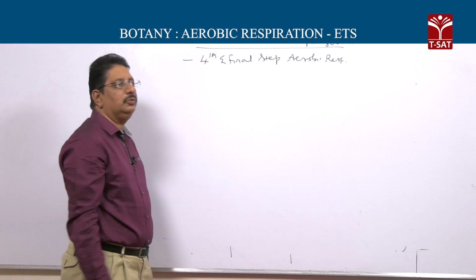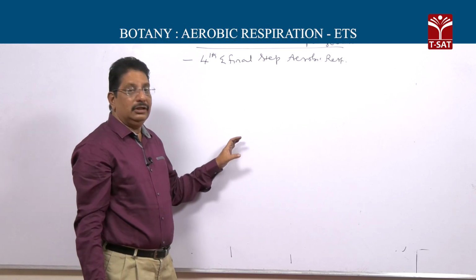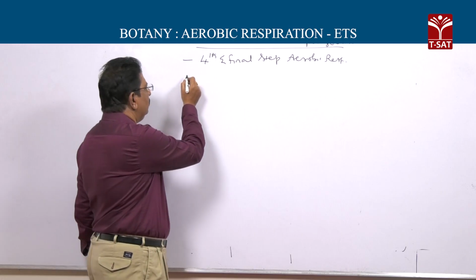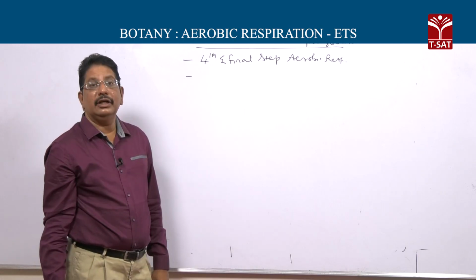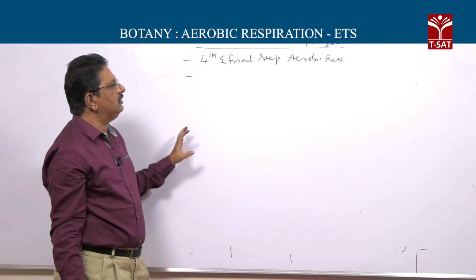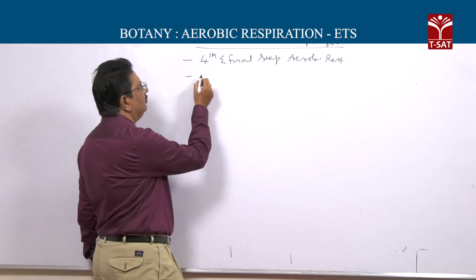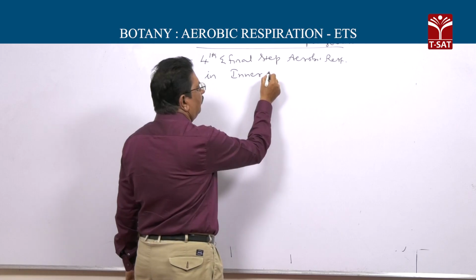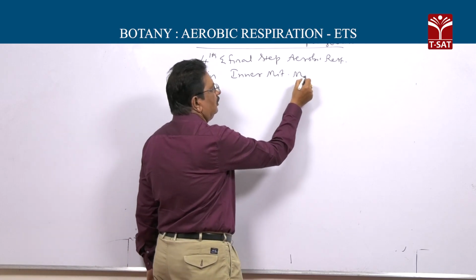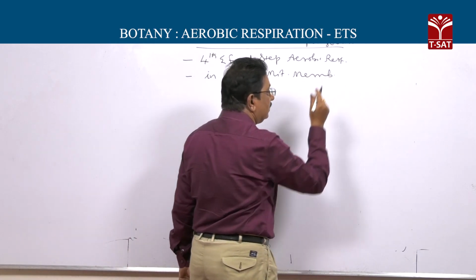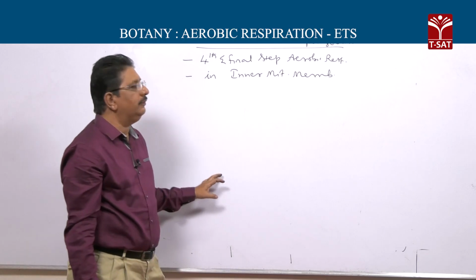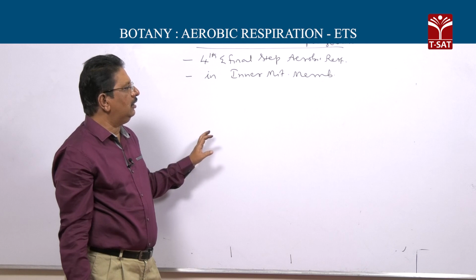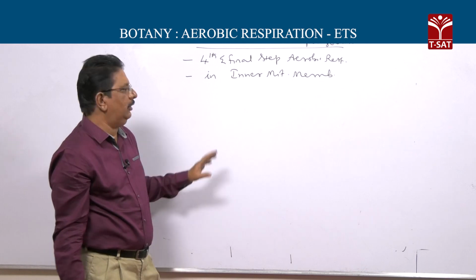It is not going to be seen during anaerobic respiration. And coming to the location, the ETS and oxidative phosphorylation take place in the inner mitochondrial membrane. So the site of the fourth and final step of aerobic respiration is the inner mitochondrial membrane.